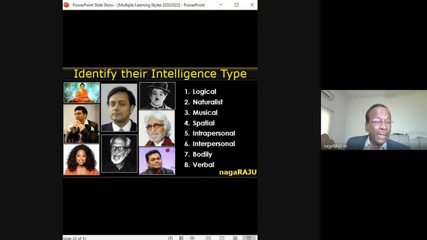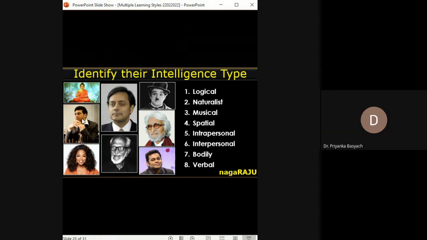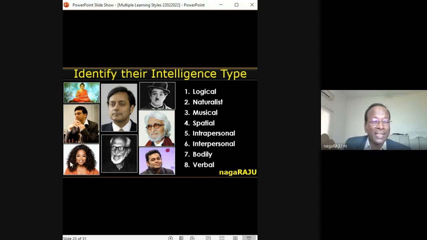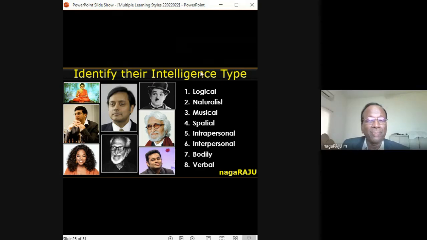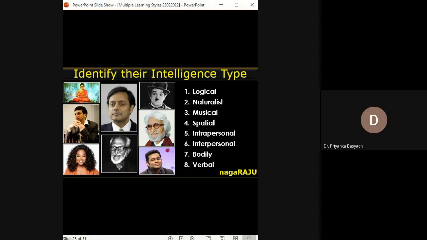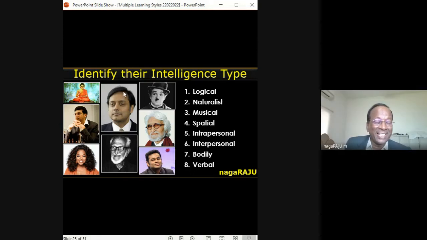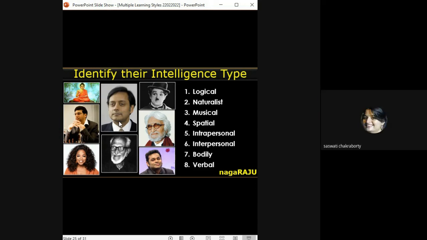Right. This second picture that you see here. Viswanathan Anand. What was his intelligence? Logical. Thank you very much. And this third one? Oprah Winfrey, right. And what was her intelligence? Interpersonal. Thank you. You're all very bright. And this fourth one, we took his name. Shashi Tharoor is verbal.